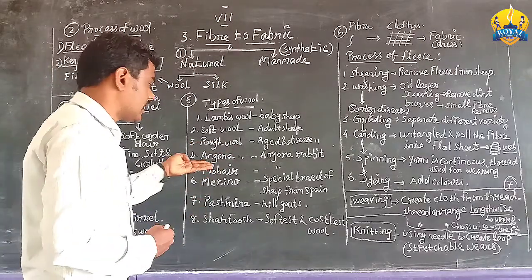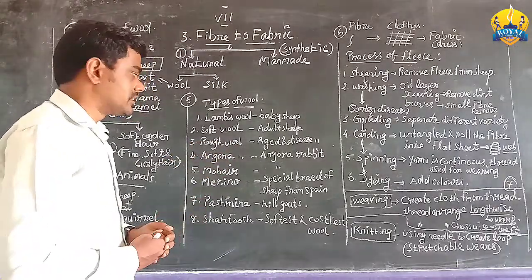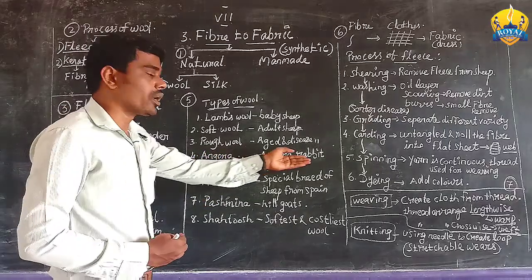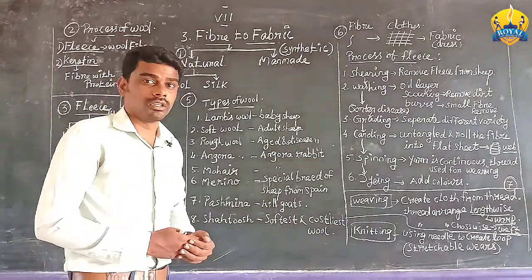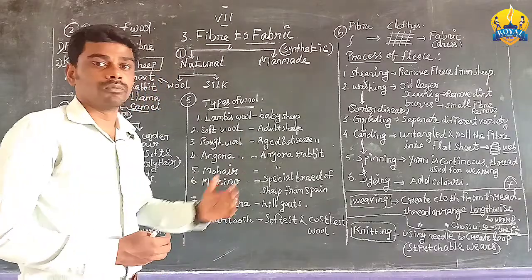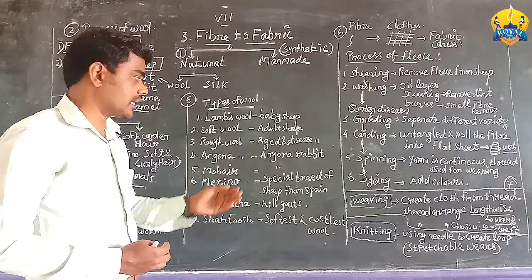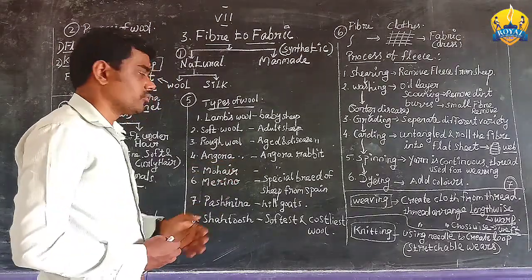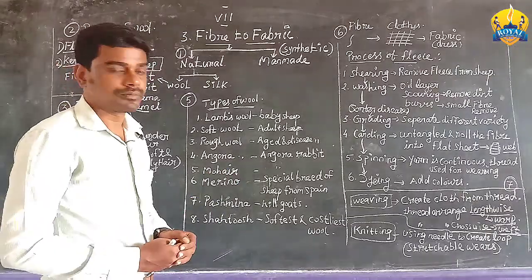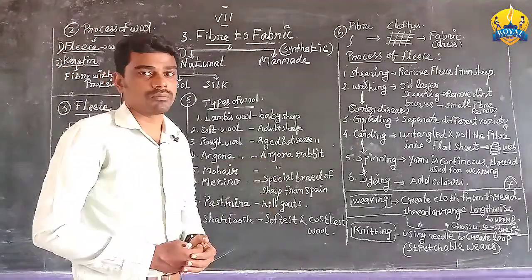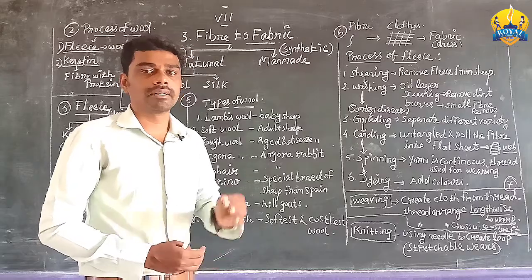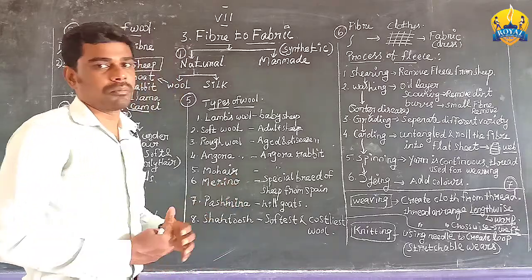And then next, angora wool, which is produced by the angora rabbit. The rabbit is also one of the resources of wool. And next, mohair is also from the angora rabbit, one of the wool fibers.